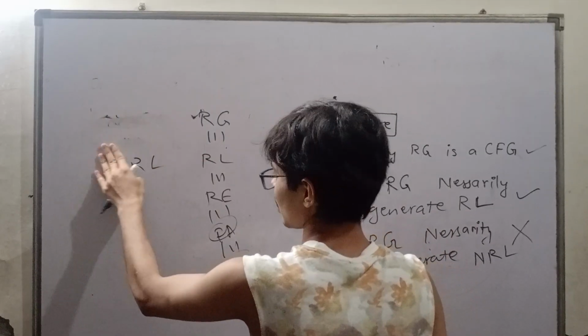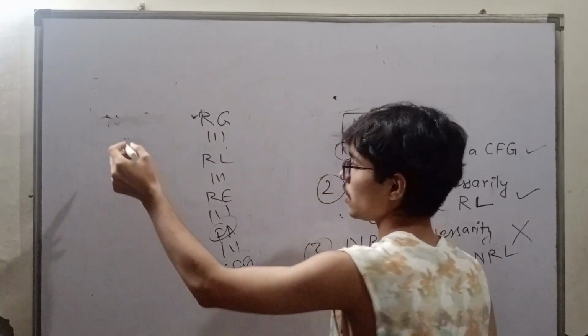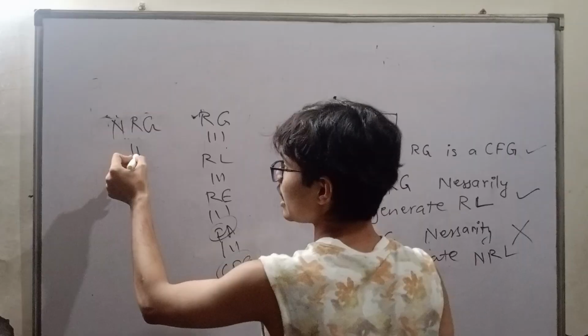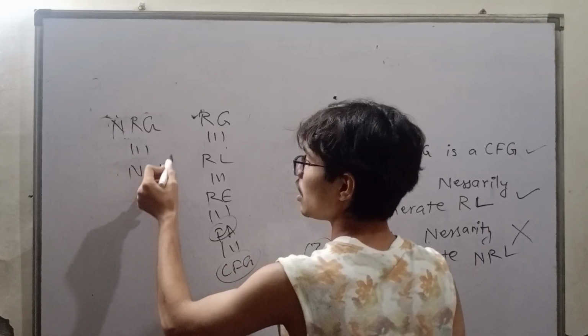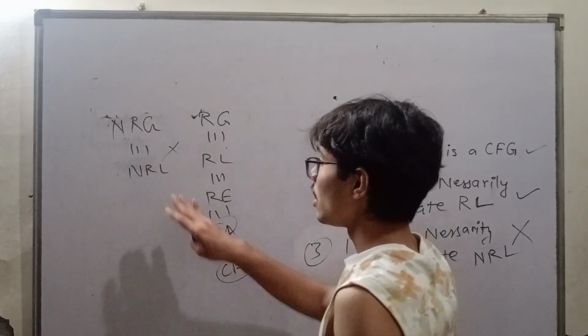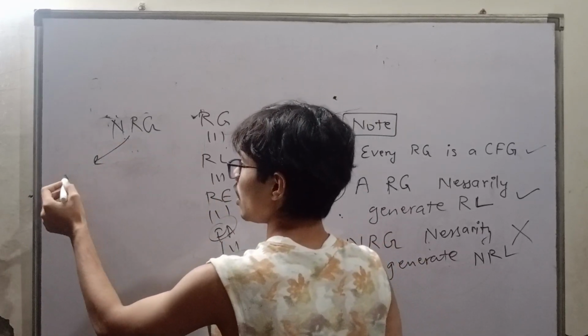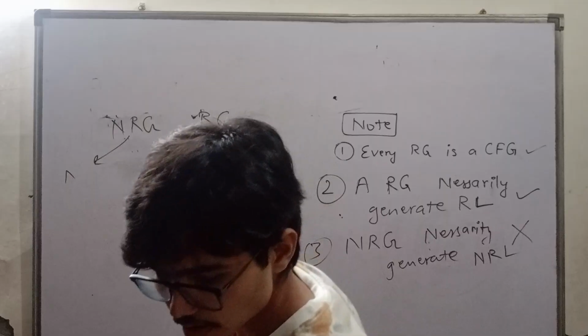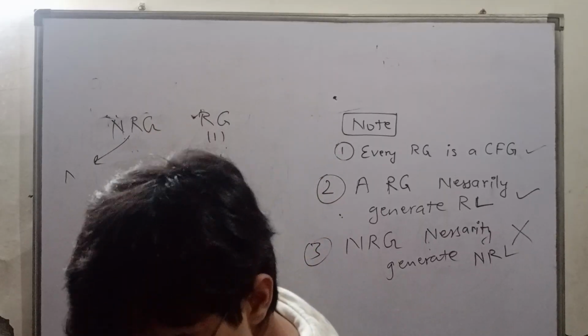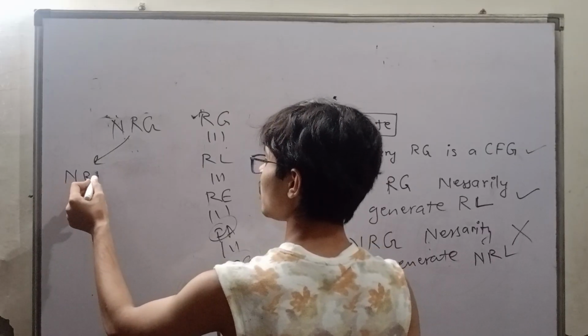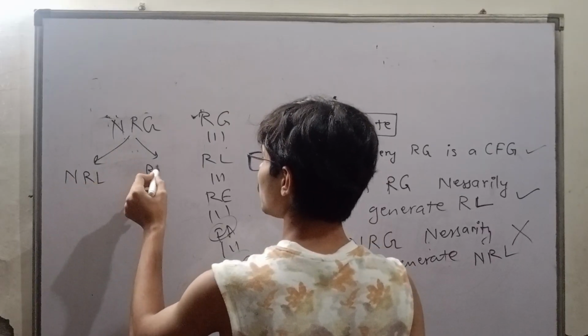Okay, sorry. Let's forget about that. If you have a non-regular grammar, is it necessary that you generate a non-regular language? No, as both can be there. It can generate a non-regular language also, and it can generate a regular language also.